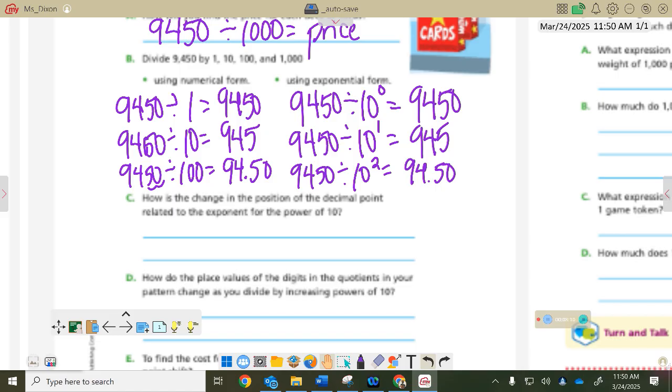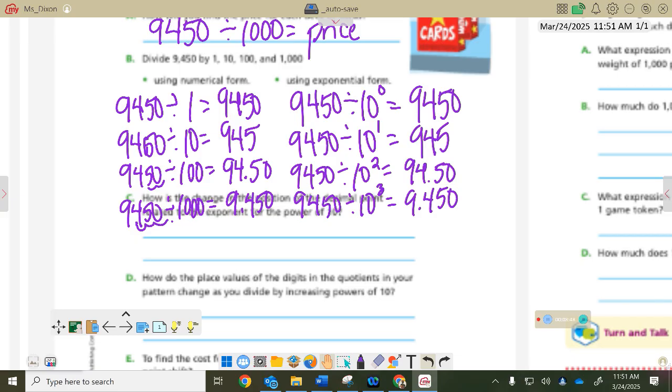And then 9,450 divided by 1,000 equals, 1, 2, 3. So that's 9 and 450 thousandths, or 9,450 divided by 10 to the power of 3 equals 9 and 450 thousandths.